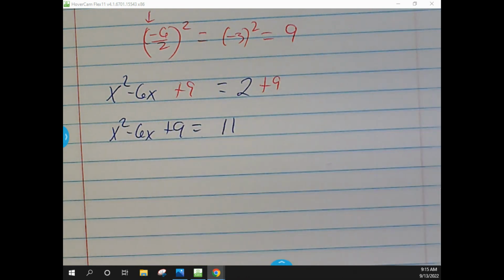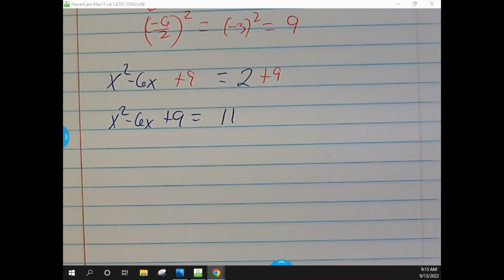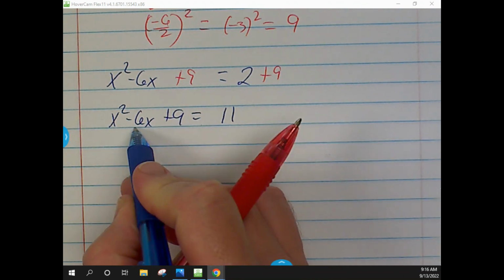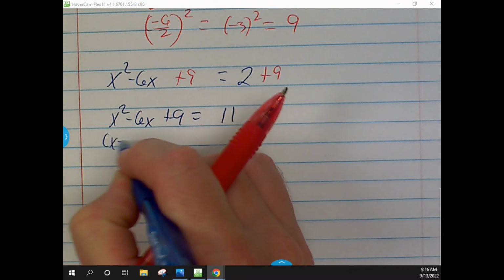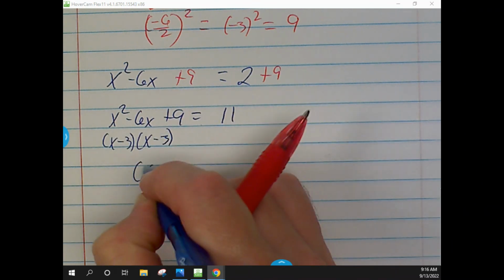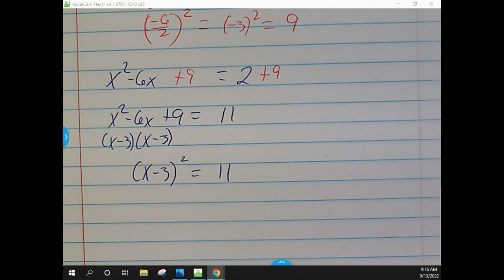So you get x squared minus 6x plus 9 equals 11. Now on the left-hand side, the factors of 9 that add to -6 are -3 and -3. So that's x minus 3 squared equals 11.